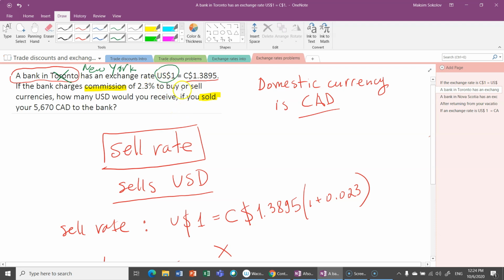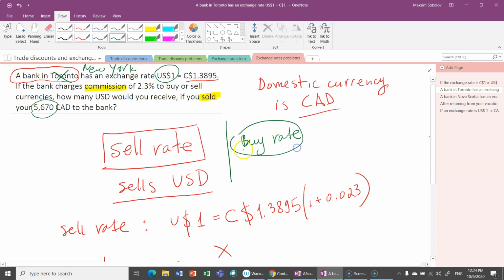Now, in New York, if you sell 5,670 Canadian to an American bank, this means that the bank is actually buying Canadian dollars from you, because in New York, Canadian dollar is the foreign currency, and therefore they are buying it. So they cannot sell USD to you because they cannot sell their own currency. They can only buy foreign currency. So therefore, it would be buy rate.